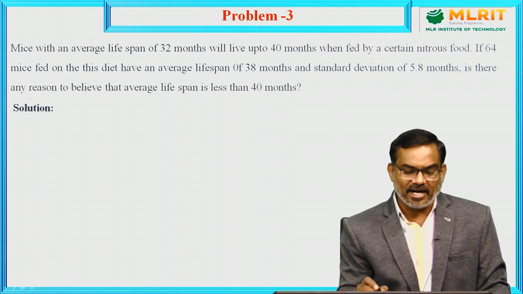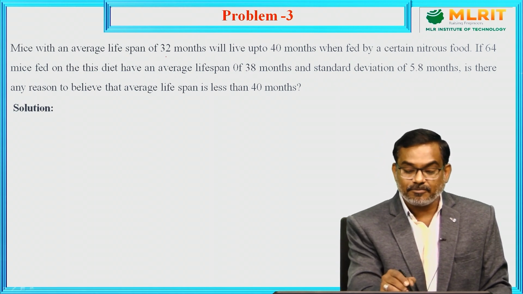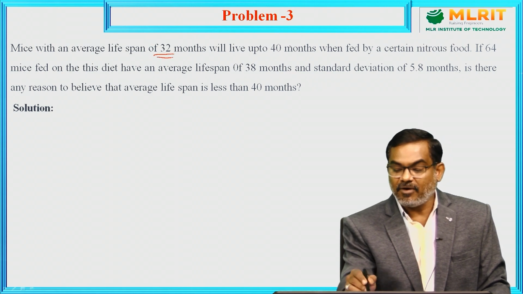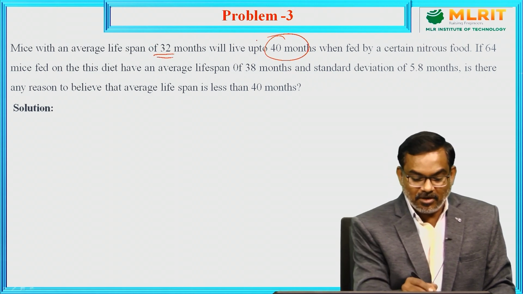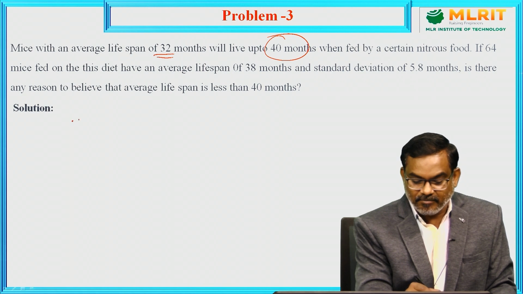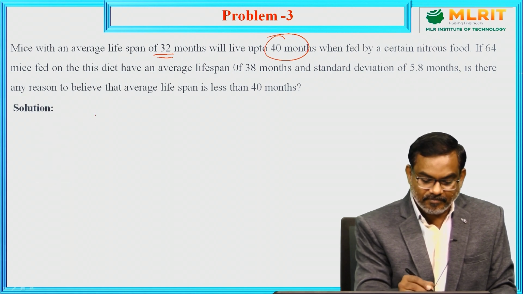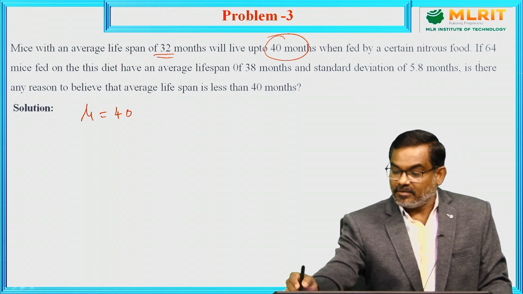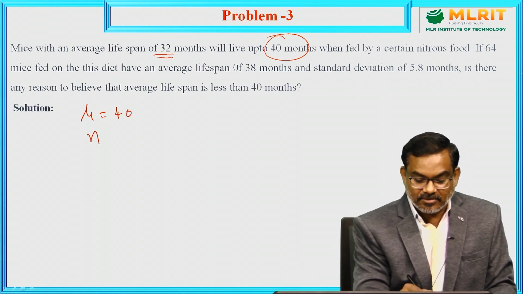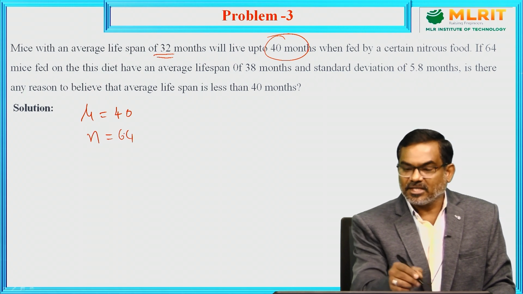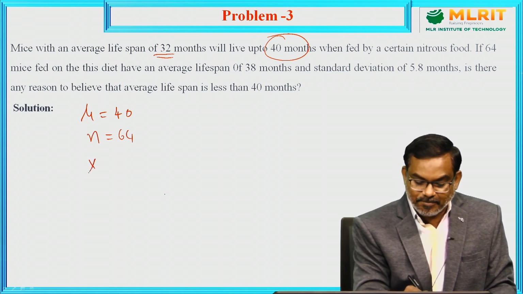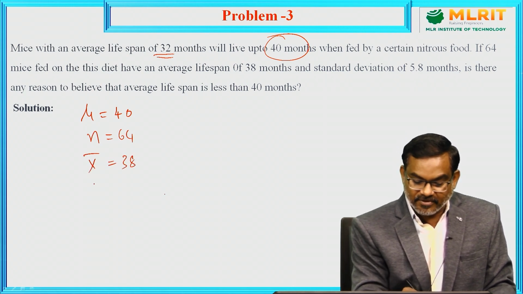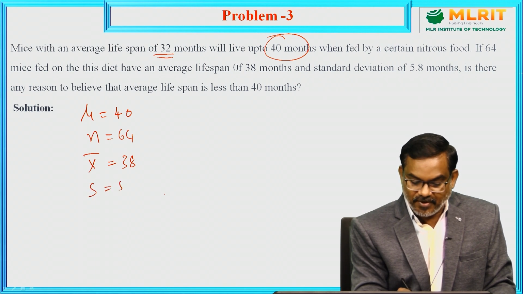So, here the given data is mice with an average lifespan of 32 months will live up to 40 months. So, it is given mu equal to 40. If 64 mice, so n equal to 64, fed on the same diet, average lifespan is 38 months with standard deviation 5.8 months.